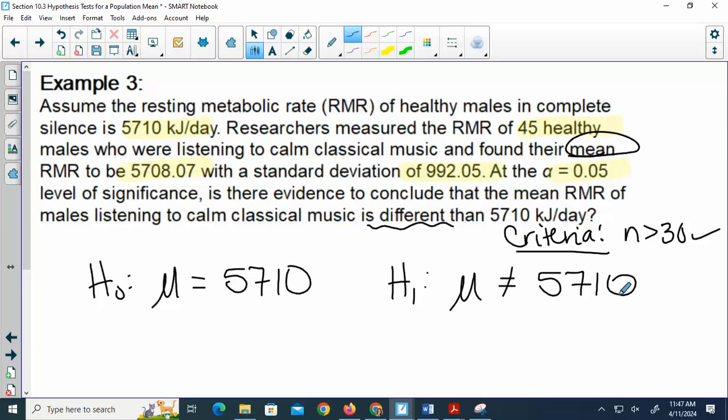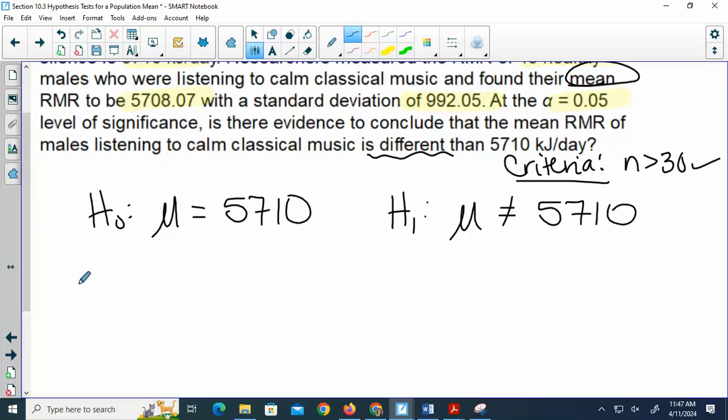Since we're talking about means, do we need to find z's or t's? t's. Now, the idea is the same. It's the mean of the null minus our mean divided by our standard deviation. Okay, so we need to know those things.